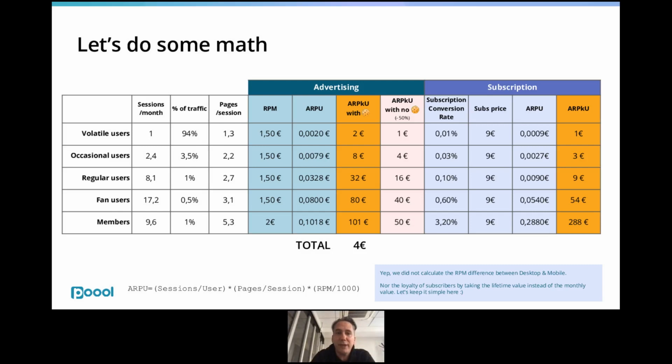But if you look at fans, yeah, it's maybe less because you monetize them pretty well with advertising. But members, that's really impressive, because with members you get about 3 times more average revenue per 1,000 users when you do advertising on one hand and subscription on the other hand.